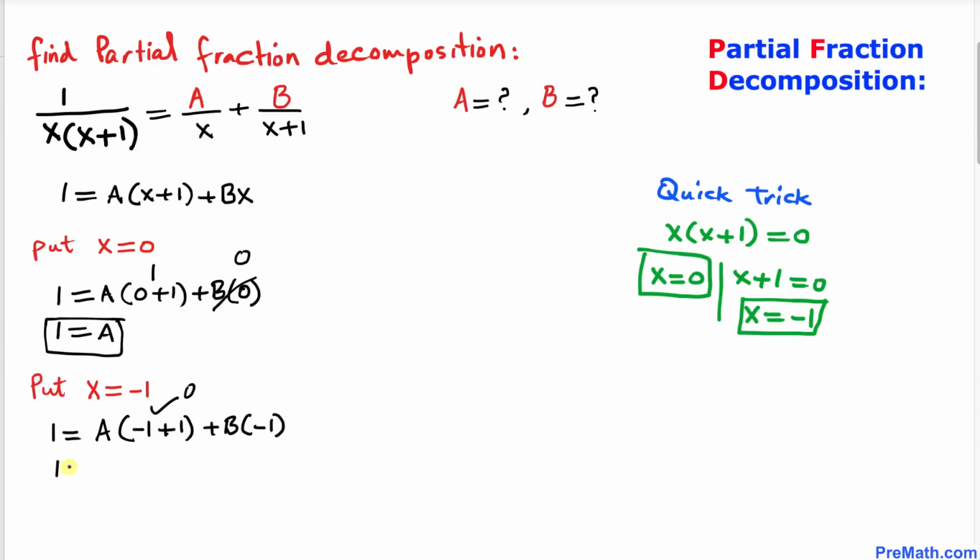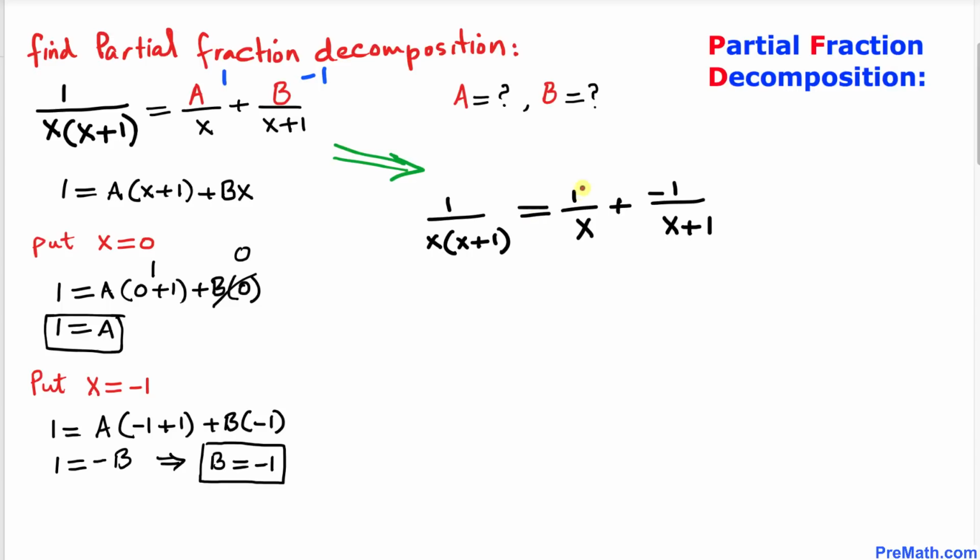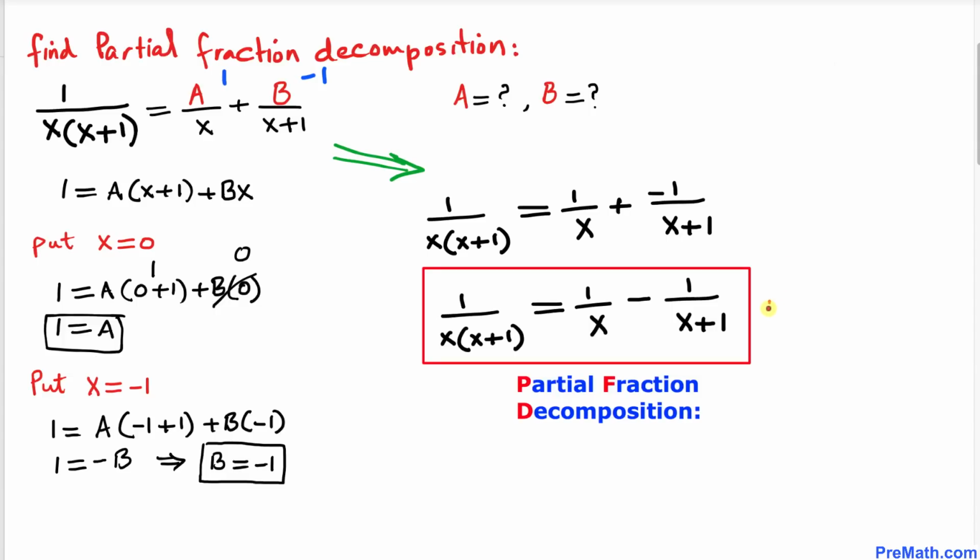So we've got 1 equal to -b, which gives us b equal to -1. So therefore our a value turns out to be 1 and b value turns out to be -1. So here I have replaced this a by 1 and here b by -1. And here's our complete partial fraction decomposition.